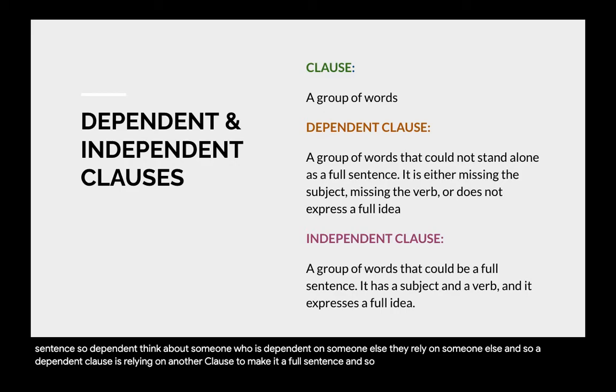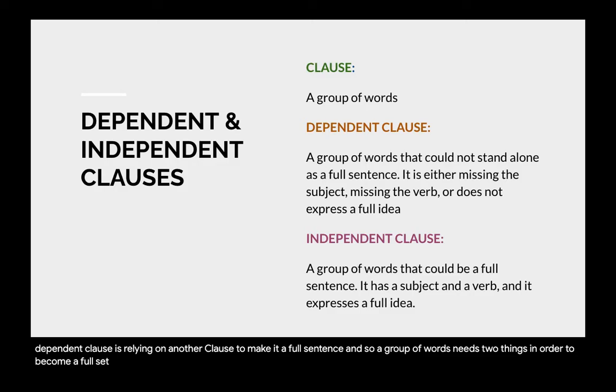And so a group of words needs two things in order to become a full sentence, and that is a subject and a verb. And so a dependent clause is either missing a subject or is missing a verb. Also, it could not express a full idea.